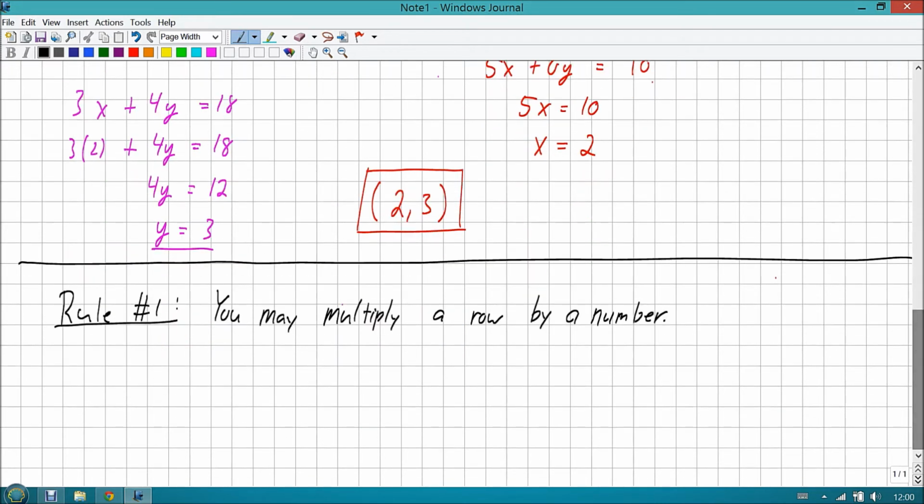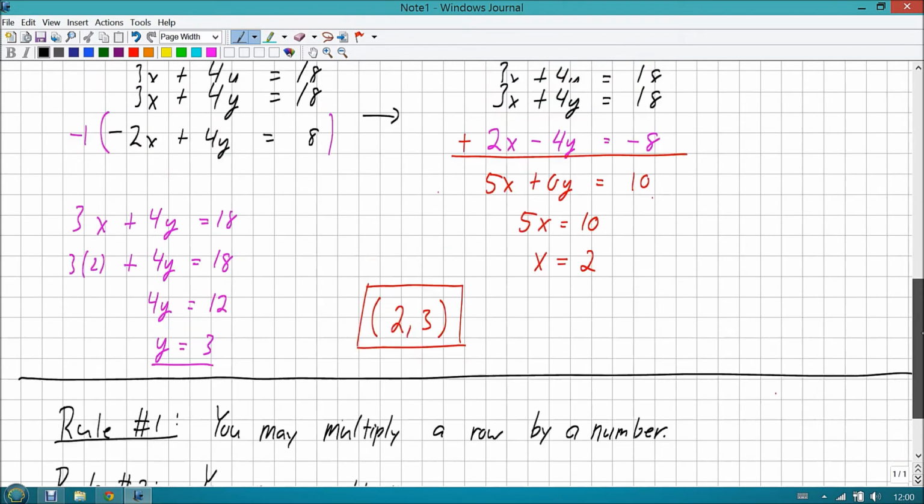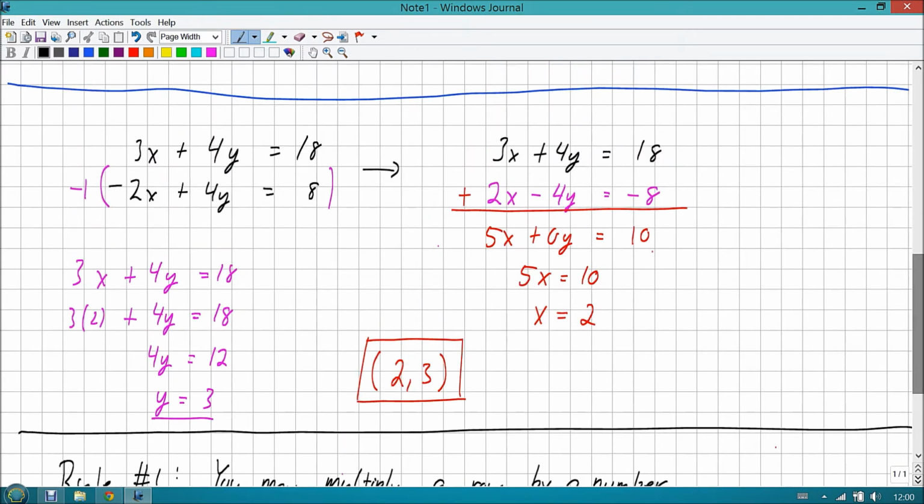Then, rule number 2. You may add rows. In both examples, I ended by eliminating a variable by adding one row to the other.